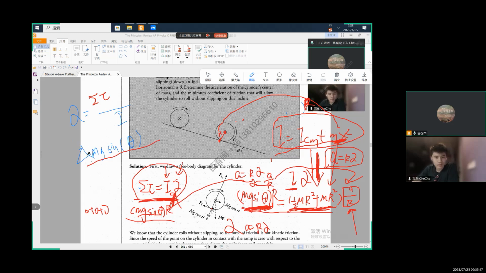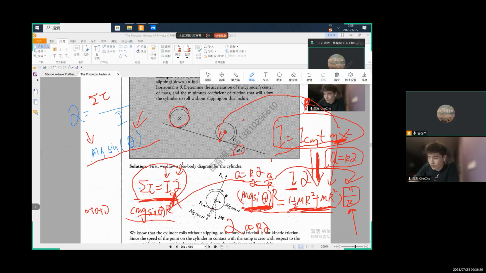You mean delta, change in that? Wait, M doesn't change. Theta doesn't change. So it's a constant number. Oh, so it's just 0? No, it's a constant number. You have a certain mass, you have a certain theta. So mg sine theta is just a constant number, and the force of gravity too. G acceleration is certain.